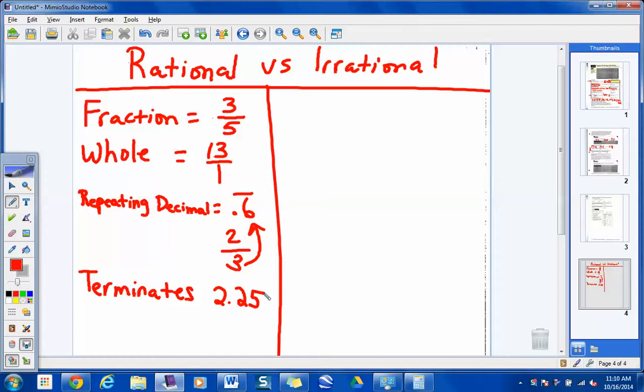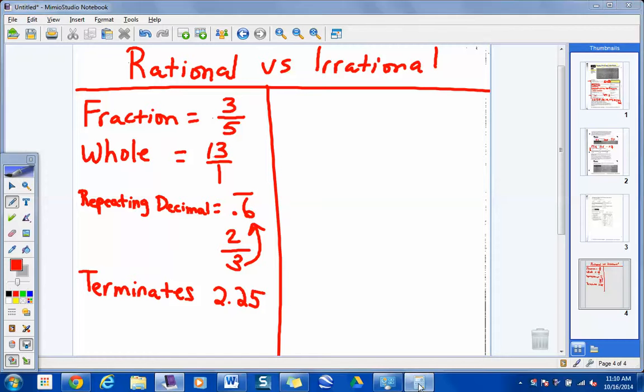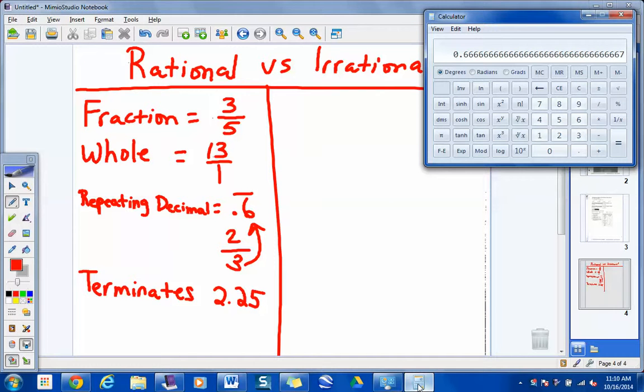I'm just going to tell you where 2.25 comes from. Watch this. I'm going to punch in 9 divided by 4. Is 9 over 4 a fraction, first of all? It's an improper fraction, right? I'm going to hit equals. What's that equal?